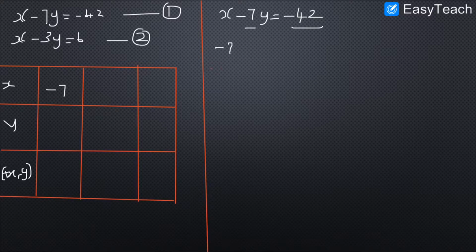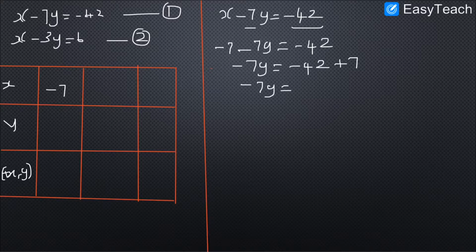Let's substitute in the x value, which is minus 7: x minus 7y equals minus 42. I bring the constant value to the other side, plus 7. So minus 7y equals minus 42 plus 7, which equals minus 35.